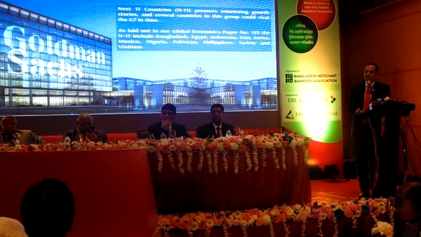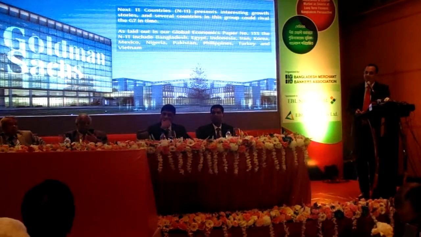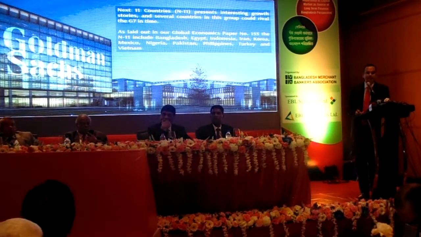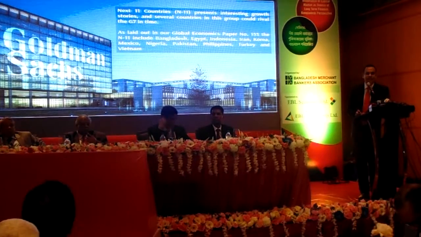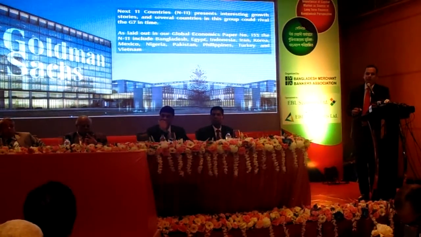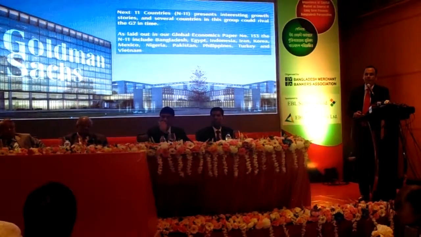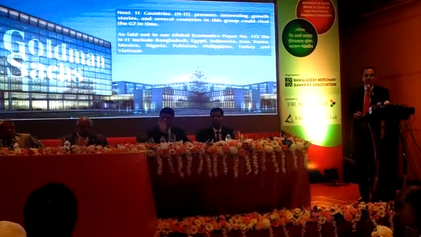And another merchant bank, Goldman Sachs, considered us among the Next 11 nations, and they have also indicated that a few of the countries of the Next 11 may be rivals of the G7 countries.